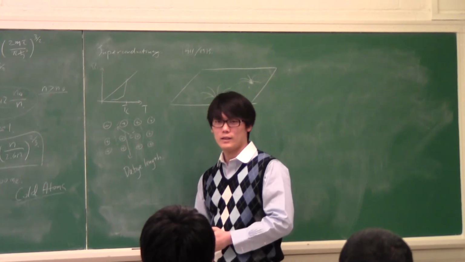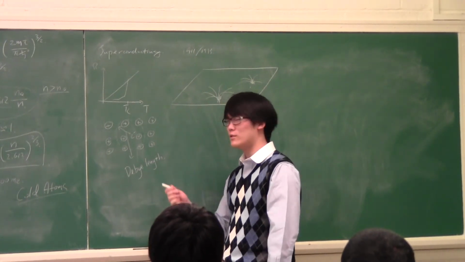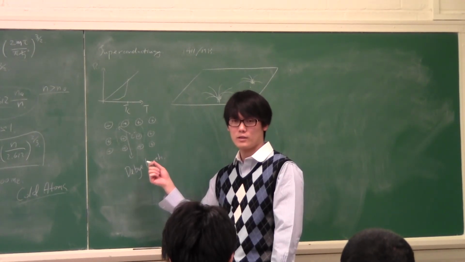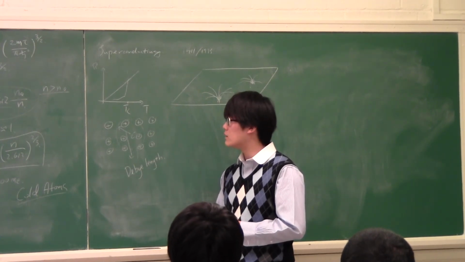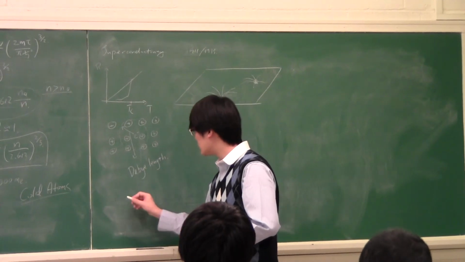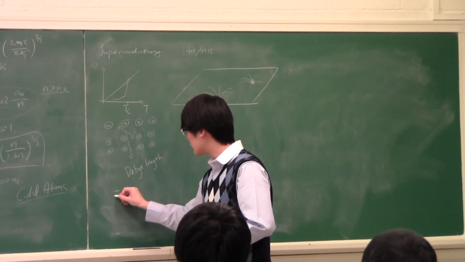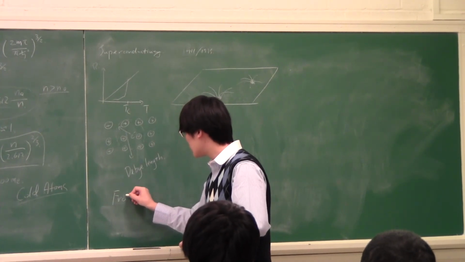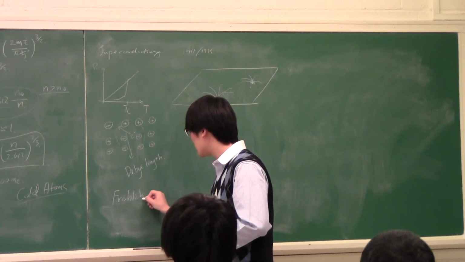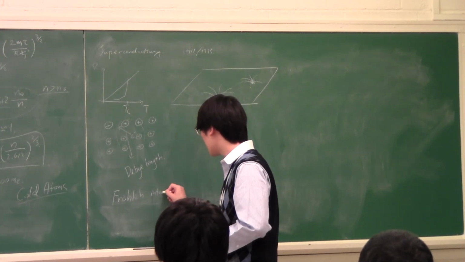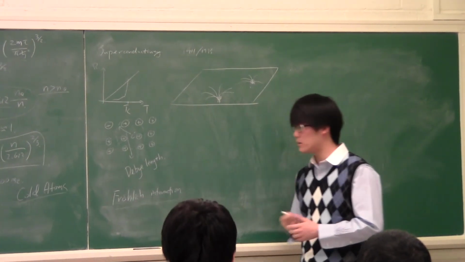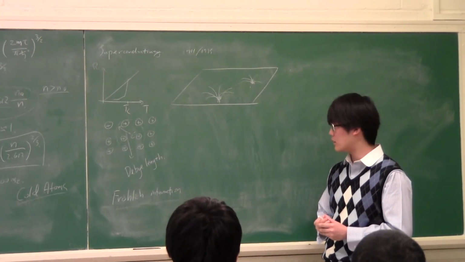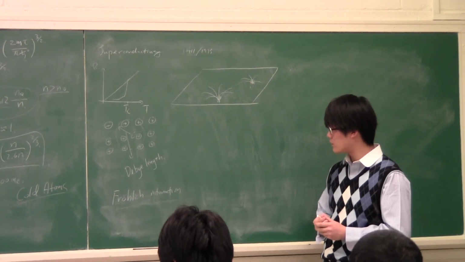Just believe me for now, it also happens for two electrons inside of a lattice, but the two electrons have to meet very specific conditions. The actual problem is called the Fröhlich interaction. If we were to study this, it would take about a whole lecture to do it.